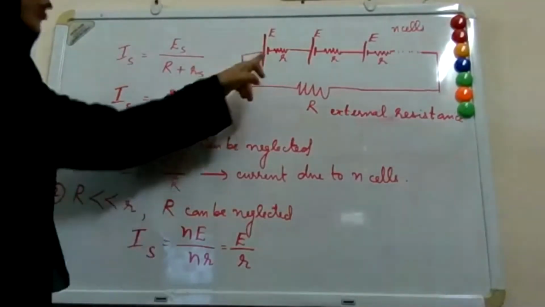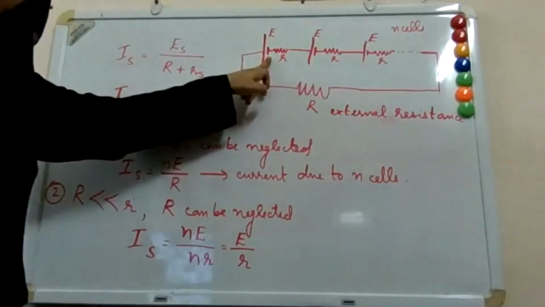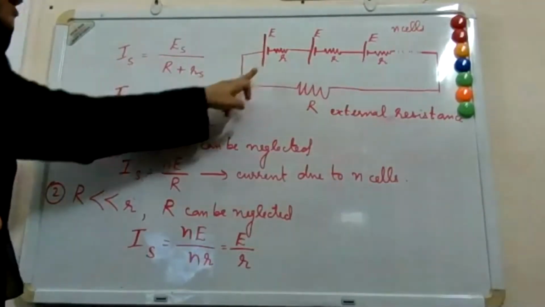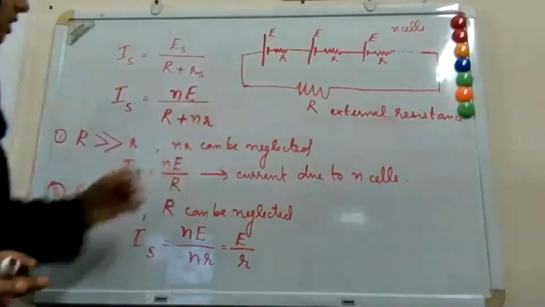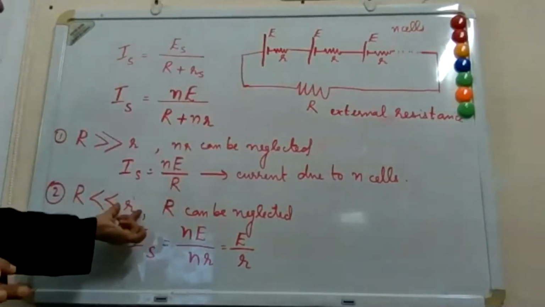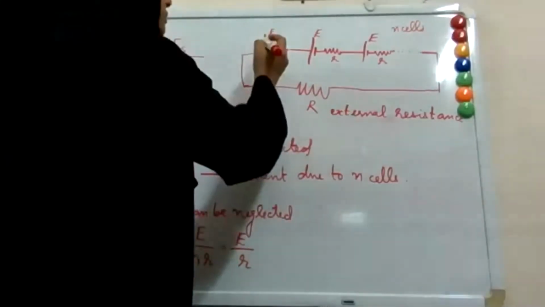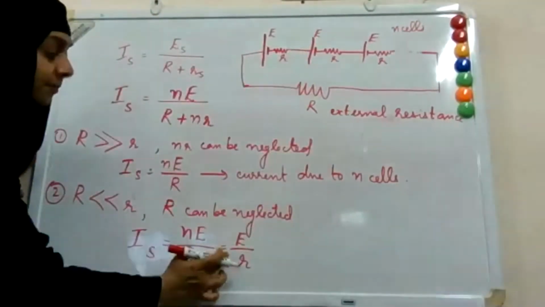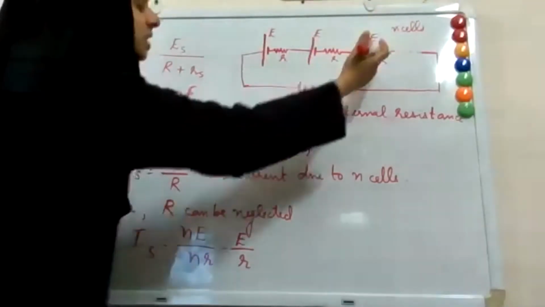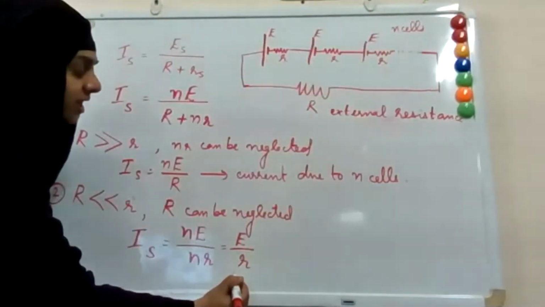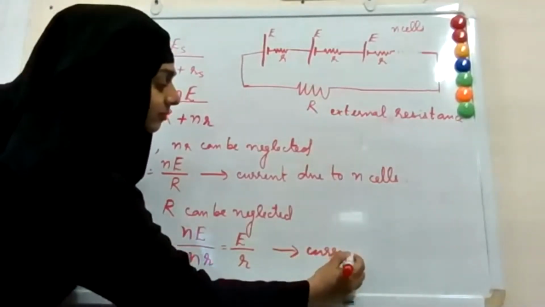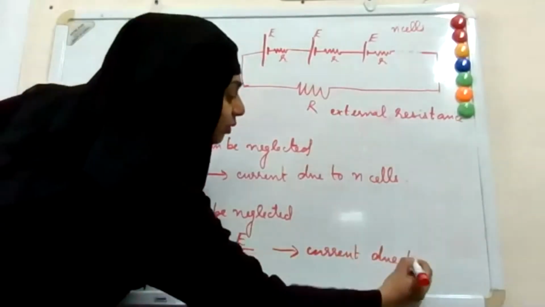Because suppose one cell can provide 5 ampere current, and the external resistance is very much less compared to internal resistance. So what will be the current obtained? Current obtained, even if you connect more cells, is equal to the current that can be due to one cell.